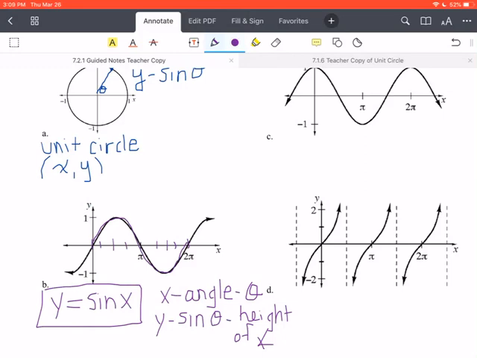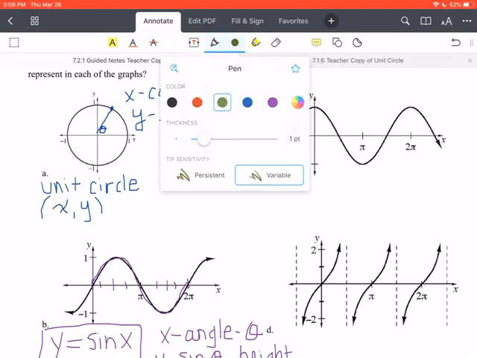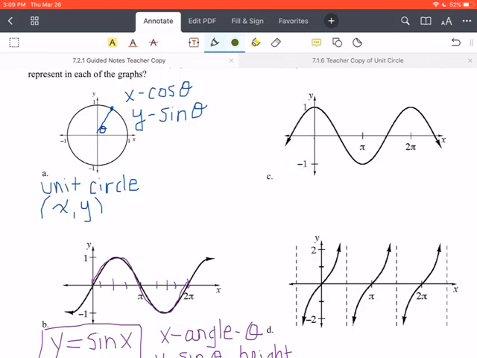Now you might be looking at part C and thinking to yourself at first, that's the same exact graph, but it's really not. If you look at the period from 0 to 2 pi again, what is the shape? The shape is kind of this valley, this U shape. And we actually did create this graph before spring break.